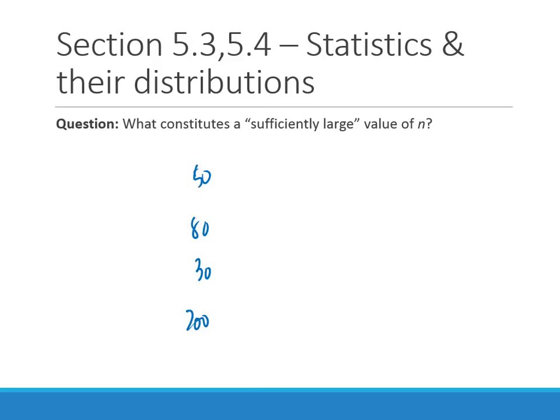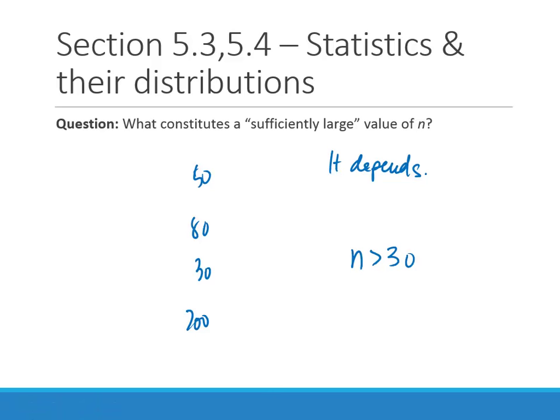Well, what constitutes a sufficiently large value? I'll tell you that it depends. It depends on what the original distribution looks like. For the purpose of this class, we will have n be at least 30. So excellent, someone's either been guessing well or reading the book. Probably a guess, right?